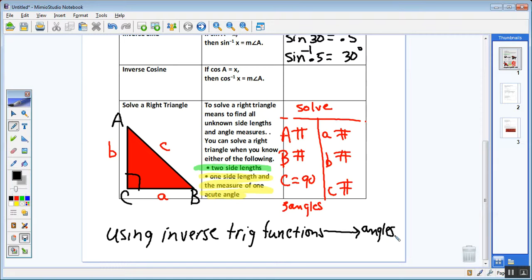I can use an inverse trig function for finding angles. Now, if I'm finding sides, I use the normal trig function. Use normal trig function. Solve for sides.